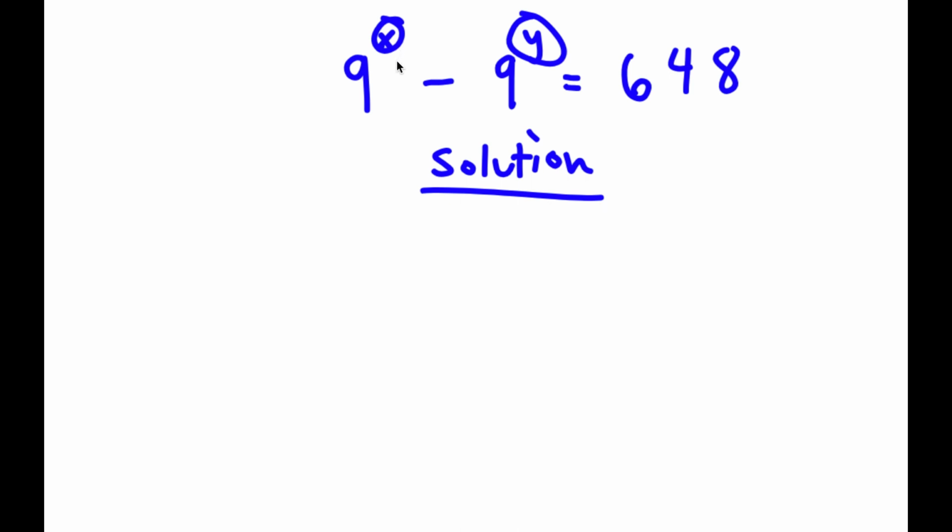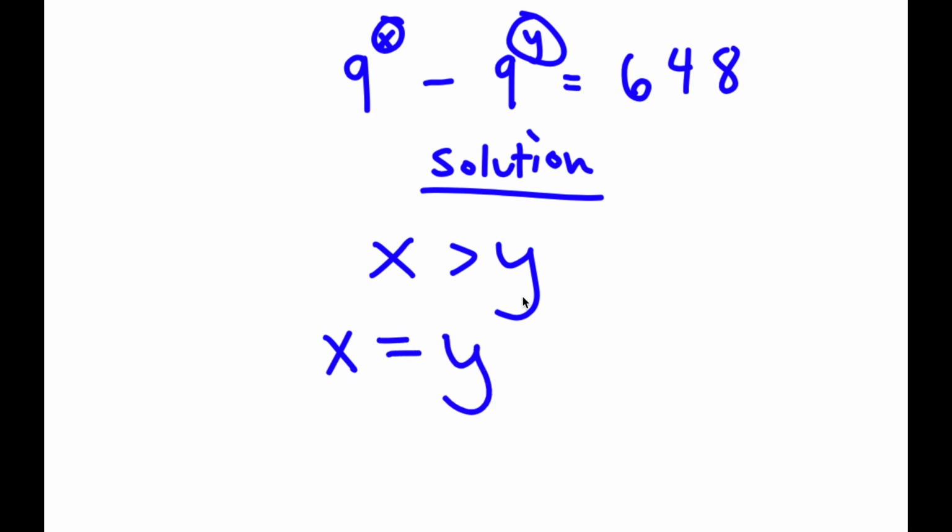Obviously, from just looking at it, we can state that x is going to be greater than y, because if x was less than y, then our solution to this equation would be negative, and it's positive, so x is greater than y, meaning that we can say that x is equal to y plus some number k.